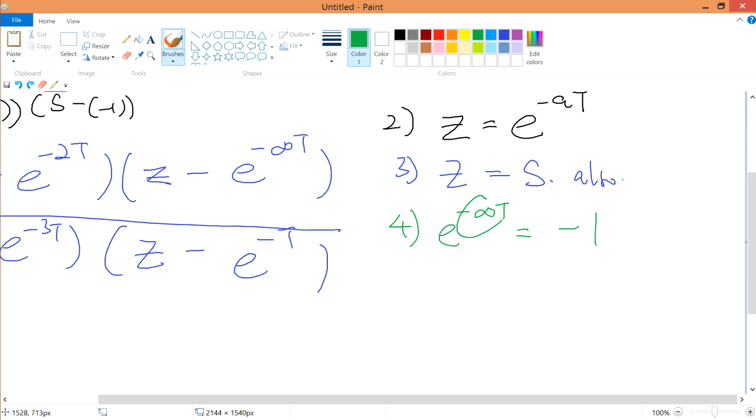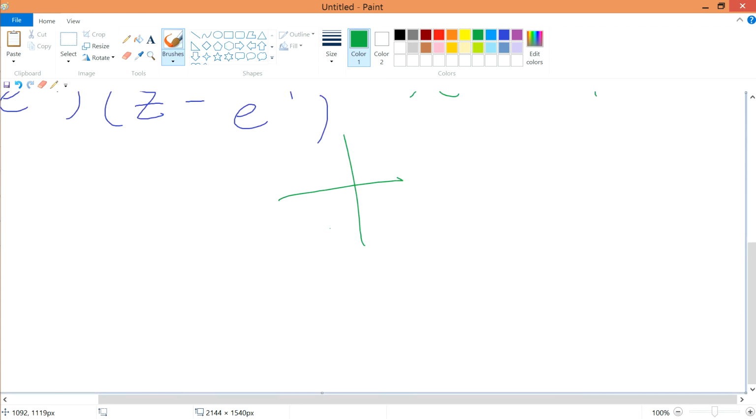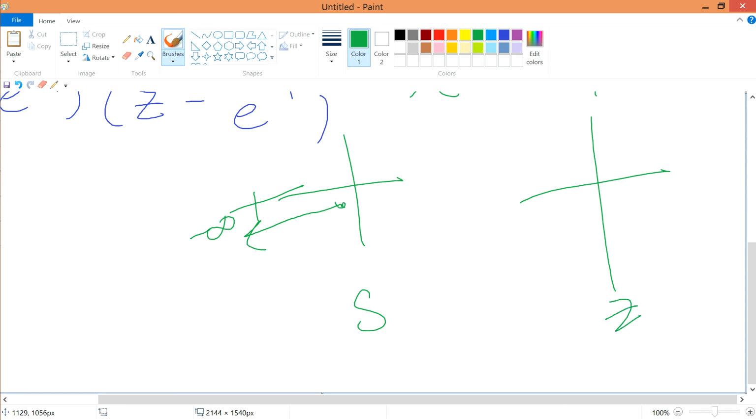But anyway, if your s in the s domain is minus infinity, which is all the way at the back, okay, if you remember, this is the s domain, this is the z domain. So the origin over here is plotted at this side, where the unit circle over here is 1.